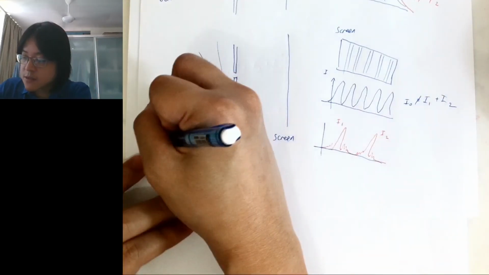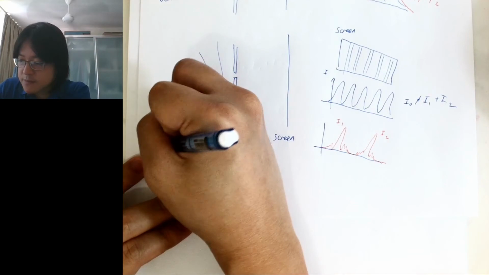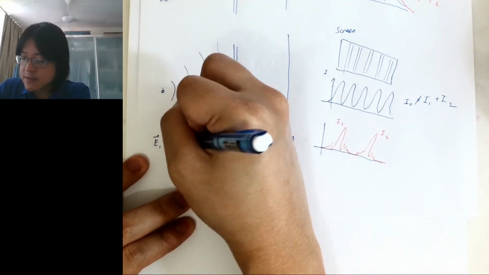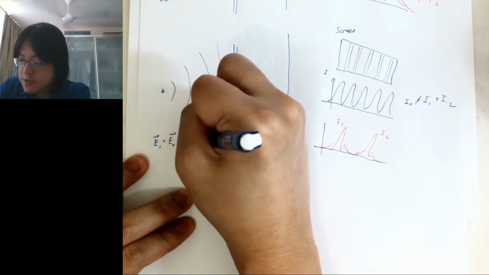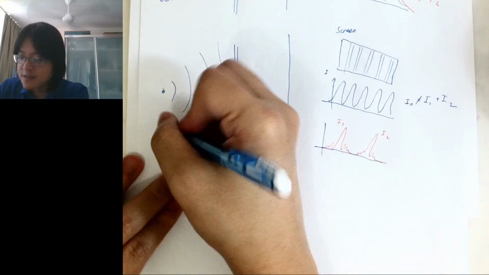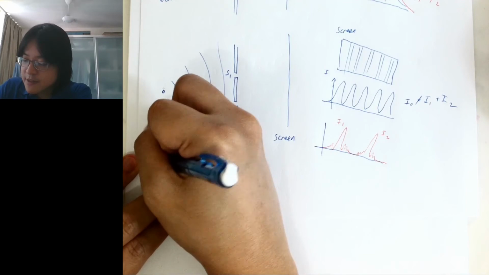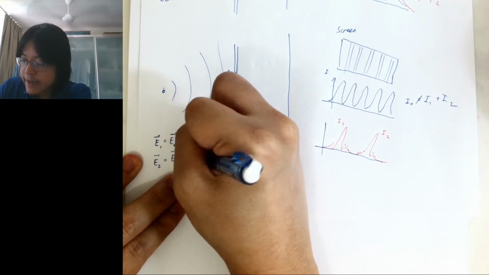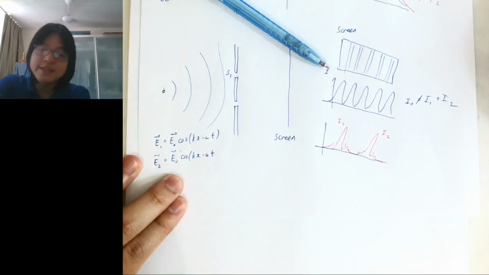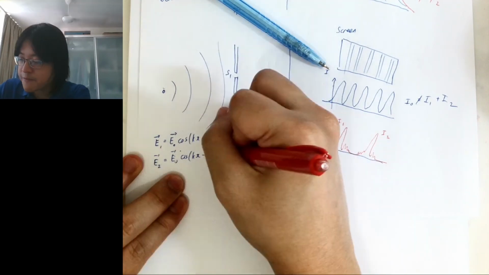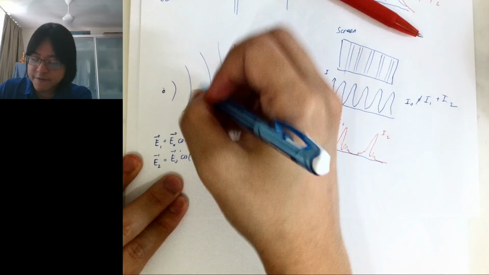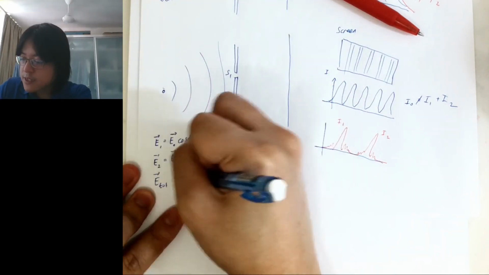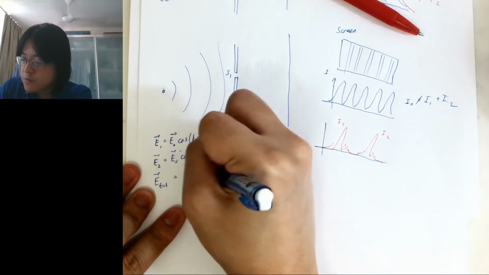So remember this. Let's say our electric field coming from slit 1 is E0 cos(kx minus omega t). We use the omega here, but this is for light. And then E2 is E0 cos(kx minus omega t), and we did this last time, plus a phase difference. So you calculate E total, which is just E1 plus E2.